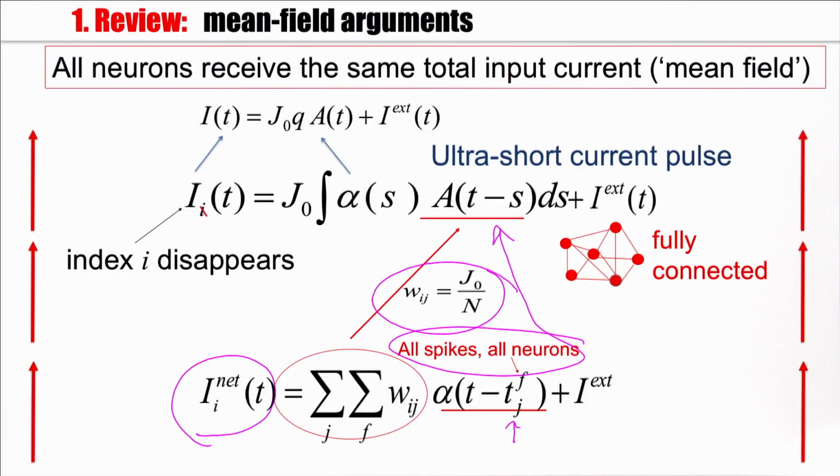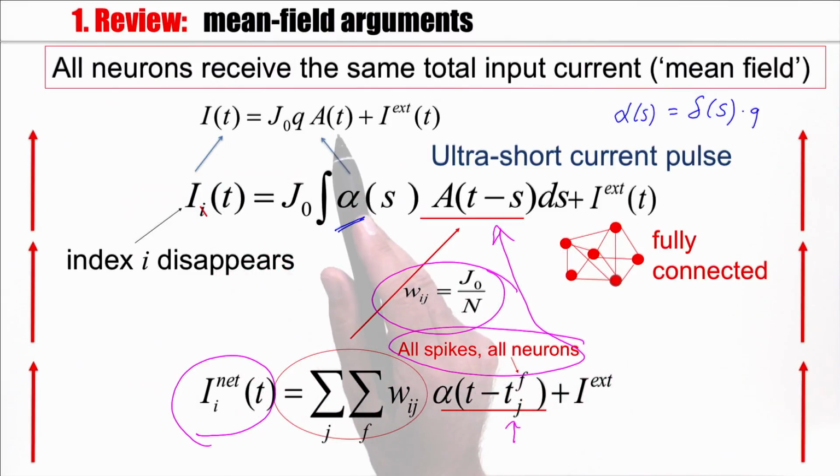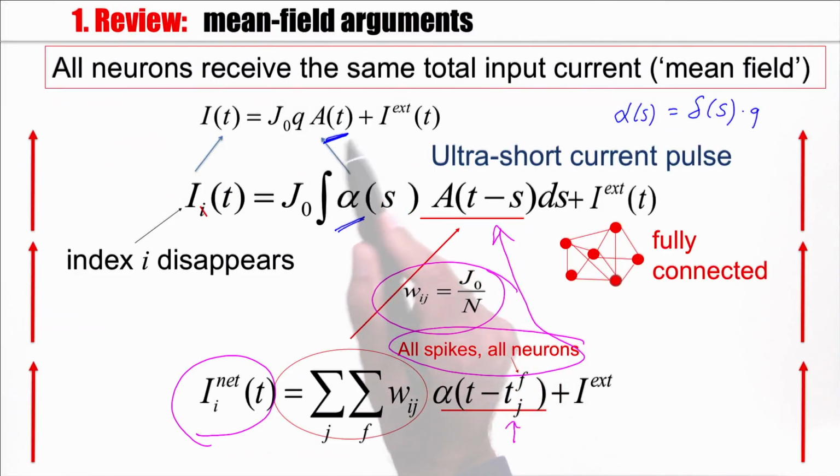If, moreover, we assume that this pulse here is an ultra-short current pulse, so formally with the Dirac delta function, we can just say it's q times the delta of s. Then you integrate this out, the integral disappears, and you see that the current is just the population activity, plus, of course, the external current. So each neuron is driven by the population activity. It's driven by the activity of all other neurons. And this is something we are going to exploit today.